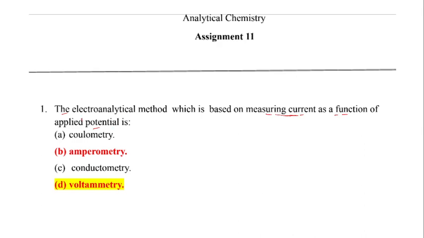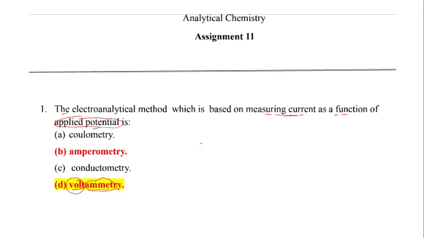We change the potential, and with respect to the change of potential, we measure how the current changes, and it is used for analytical purposes. This technique is known as voltammetry: volt means voltage and ammetry means ammeter, which measures current. So we are measuring current as a function of voltage.